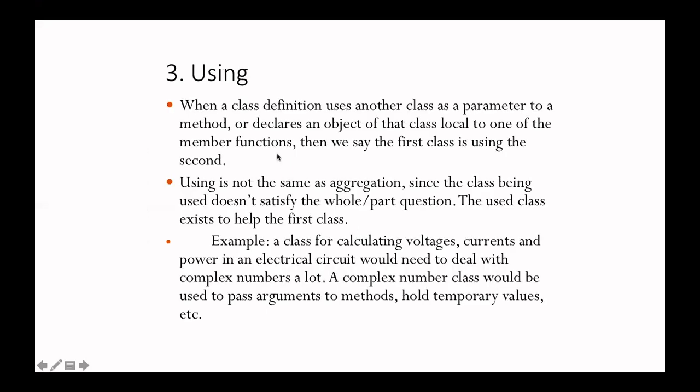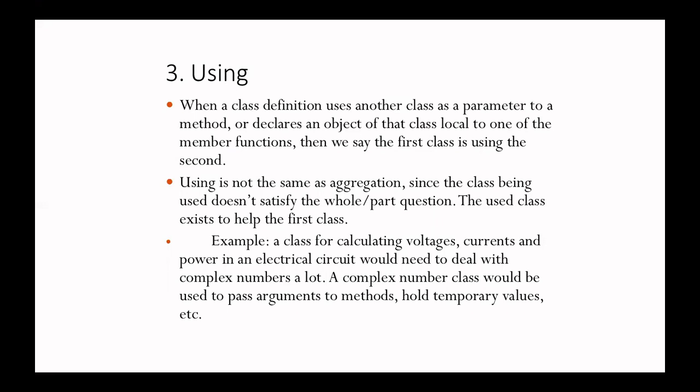When a class definition uses another class as a parameter to a method or declares an object of that class local to one of the member functions, then we say the first class is using the second. Using is not the same as aggregation since the class being used does not satisfy the whole-part question.